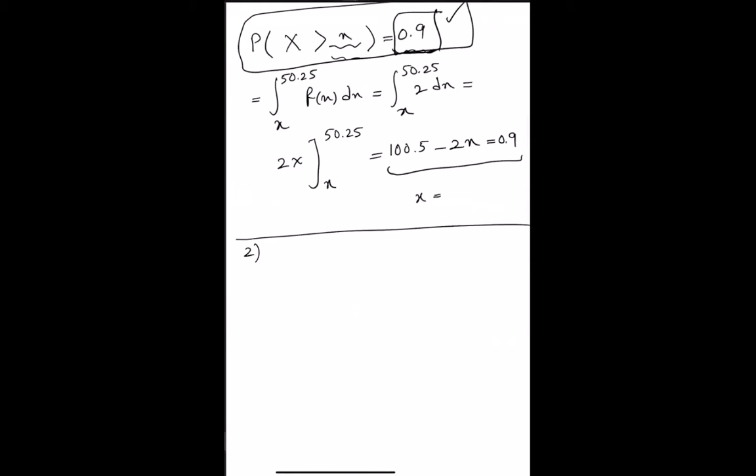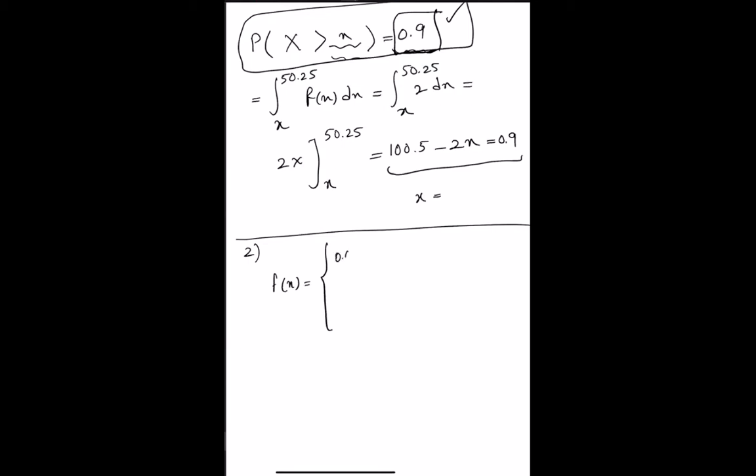Let's go to version 2. The distribution of x is approximated with a triangular probability density function, f of x equals this for x between 30 and 50, and f of x equals this for x between 50 and 70. So here we have a special scenario which we haven't had before. The probability density function has two functional forms.